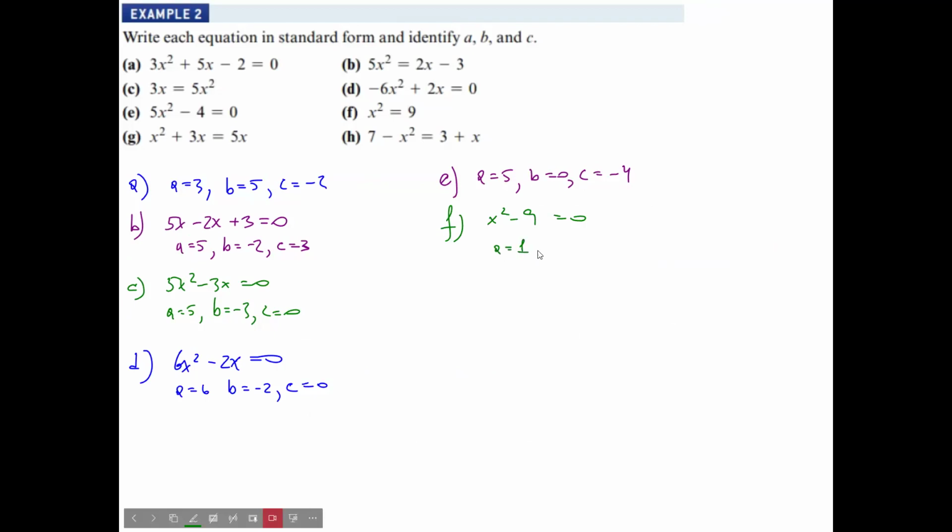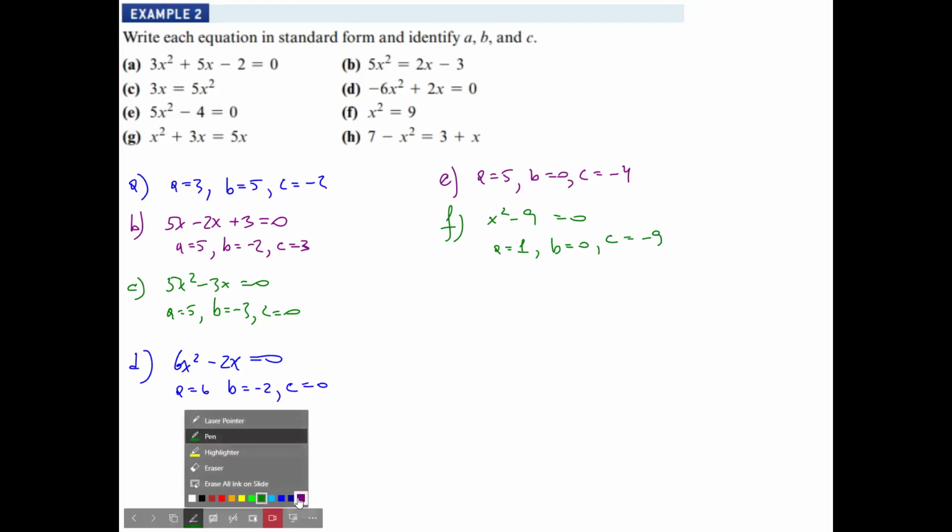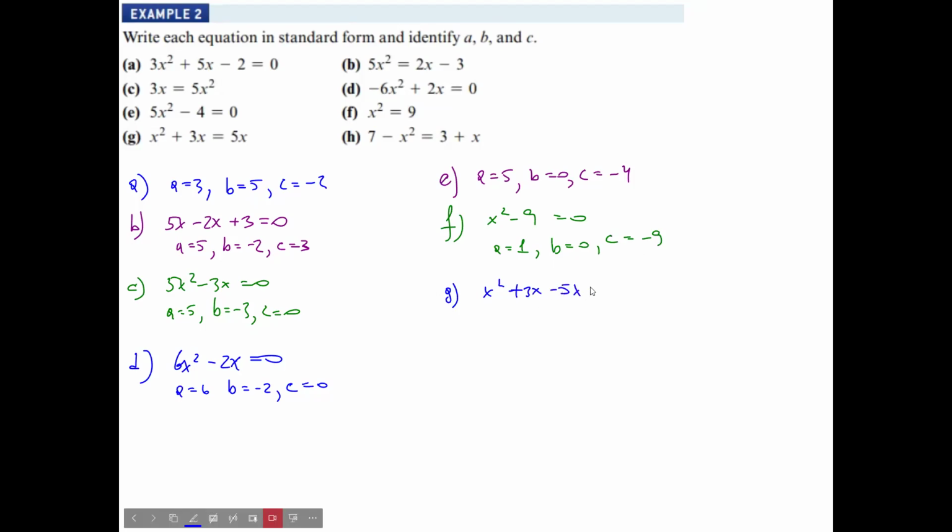So a is 1, b is 0, c is minus 9. G. x squared plus 3x minus 5x equals 0. So x squared minus 2x equals 0, right? And a is 1, b is minus 2, c is 0.